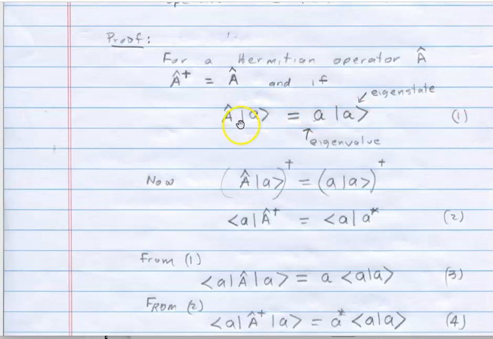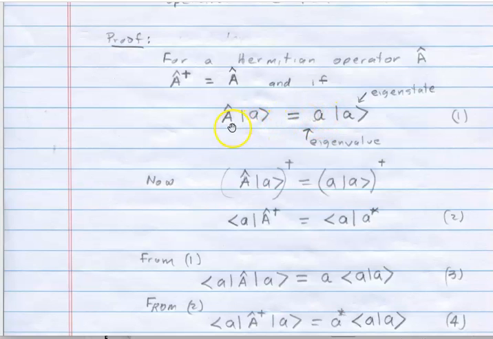Now I'm going to apply that to a vector, and it's not any vector, but a very special vector, because when I apply it to this ket vector |a⟩, what it gives me is the same ket vector that I started with, with a constant in front called the eigenvalue.